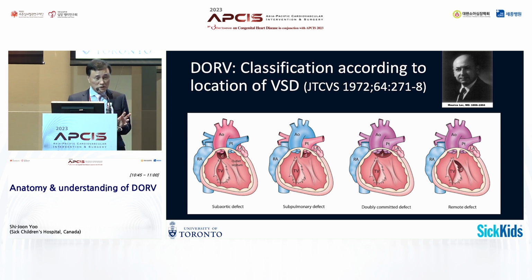DORV with subaortic VSD, DORV with subpulmonary VSD, DORV with doubly committed VSD, DORV with remote VSD. Don't forget, the description was in 1972, which is more than 50 years ago now. So the DORV classification would not be this simple. You have a lot of different variations, not actually belonging to each of these, not completely.